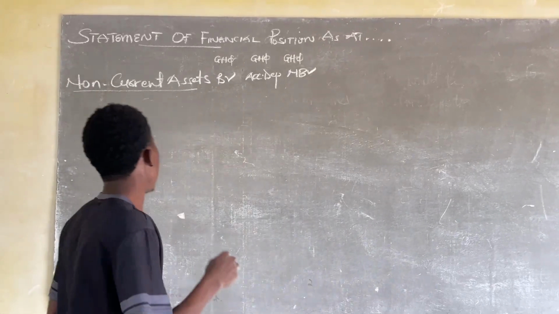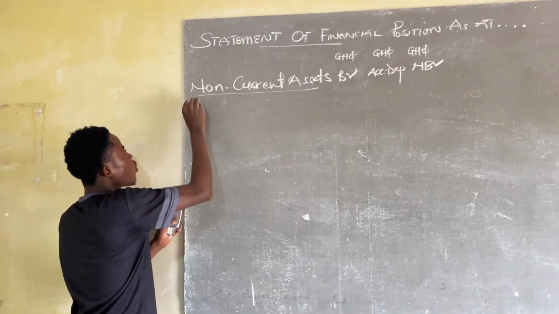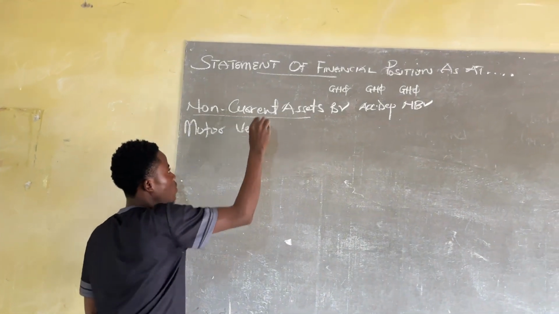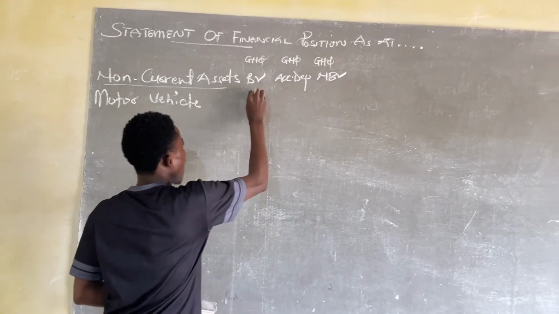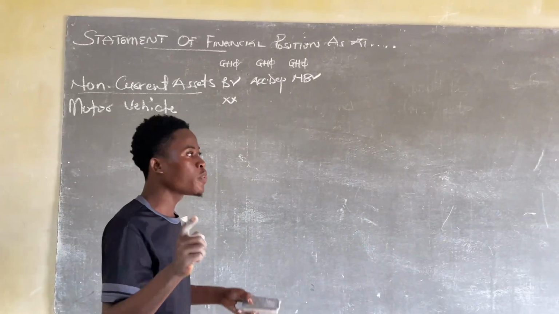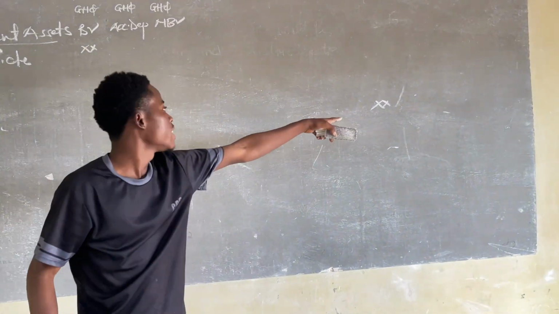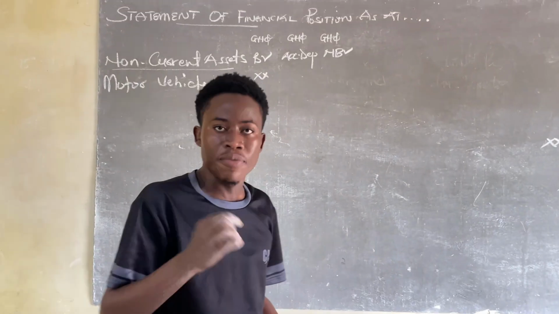Viewers, let's say for instance we have a motor vehicle, which was bought for a particular amount. I hope you know that we are using this symbol to represent the amount, because no amount is being given for now.